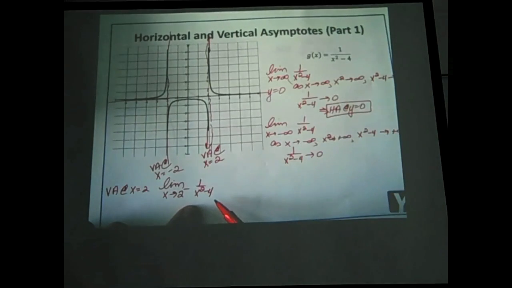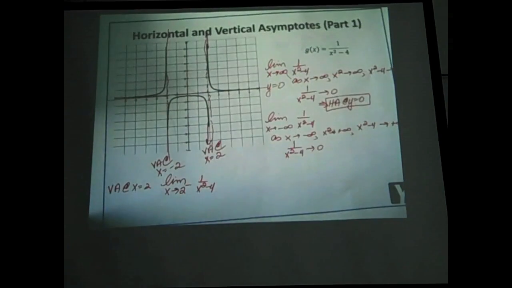Let's go through and do the calculus to verify this. As x approaches 2 from the left, that means x squared, if x is just a little bit less than 2, x squared will be just a little bit less than 4. That means that x squared minus 4 will be just a little bit less than 0.